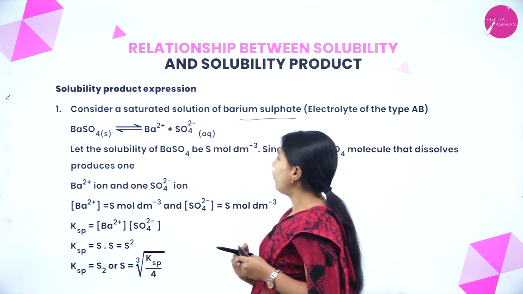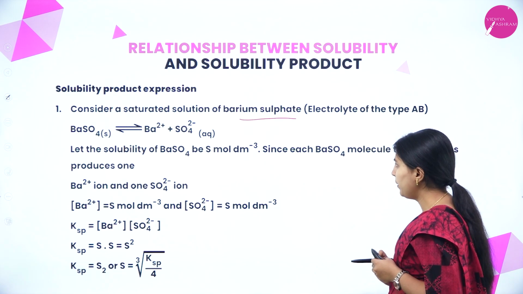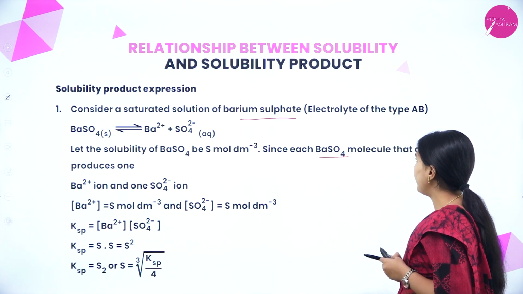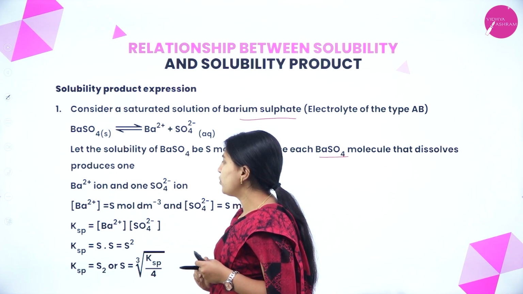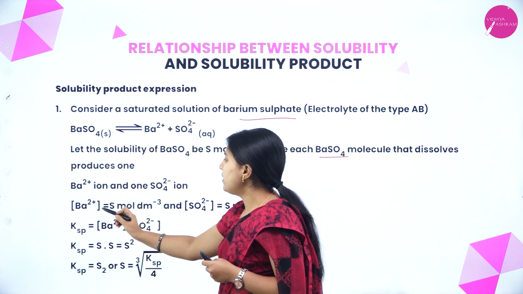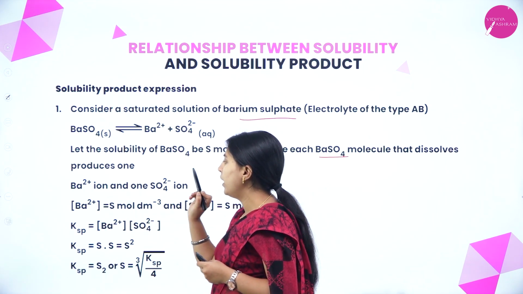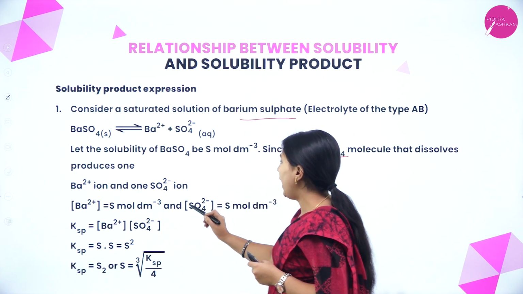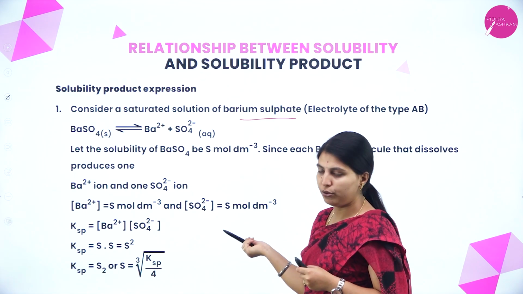Let the solubility of barium sulfate be S mol per dm cube, since each barium sulfate molecule that dissolves produces one barium 2 plus ion and one sulfate ion. Here the concentration of barium 2 plus ion will be equal to S mol per dm cube and the concentration of sulfate ion will be equal to S mol per dm cube.